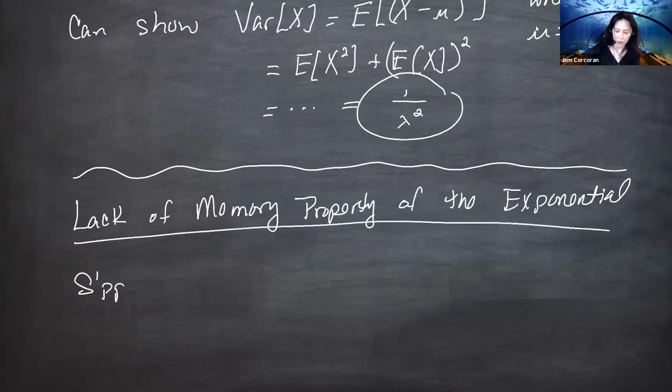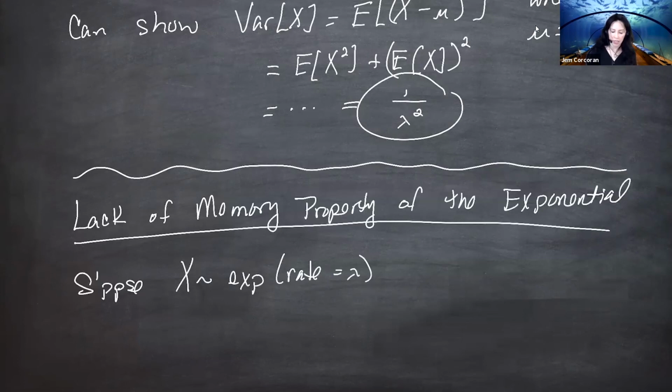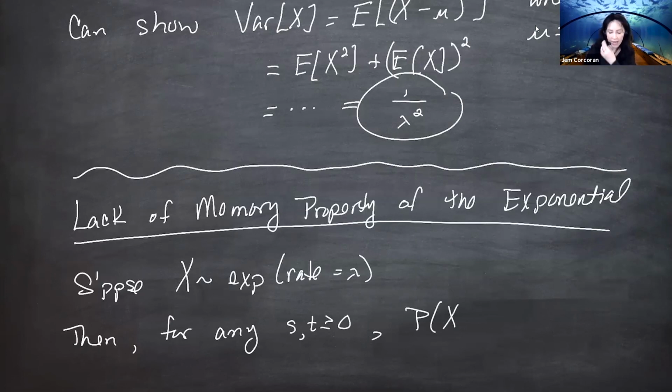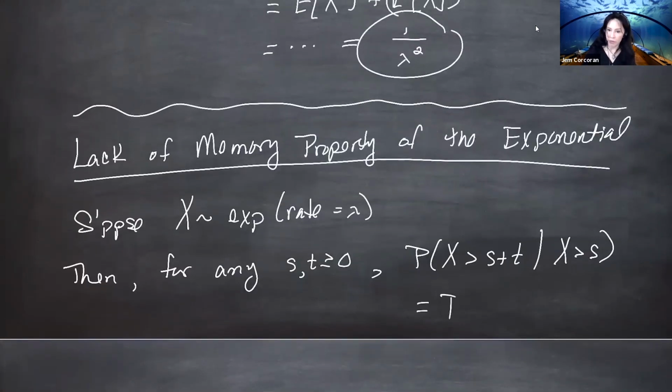So suppose that X has an exponential distribution with rate lambda, then for any S and T greater than or equal to 0, so those are just fixed numbers, the probability that X is greater than S plus T, given that X is greater than S, is the probability that X is greater than T.